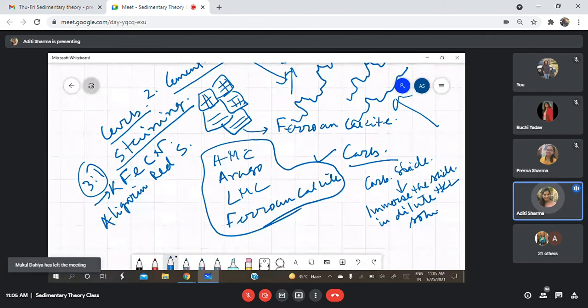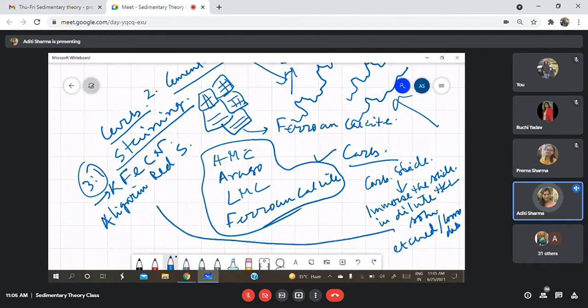We want the surface of the carbonate to be etched and corroded so that it can hold the color. If it is smooth, it cannot hold the color. So first we immerse the carbonate in a very dilute hydrochloric acid solution to corrode the surface. Then we wash it in running water and immerse the slide in the solution of potassium ferricyanide.